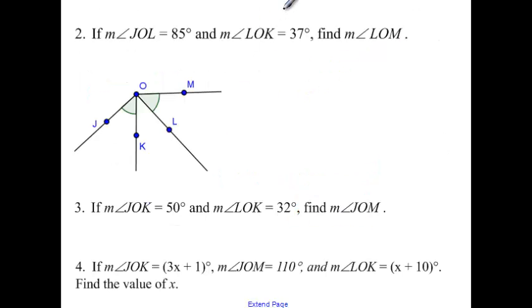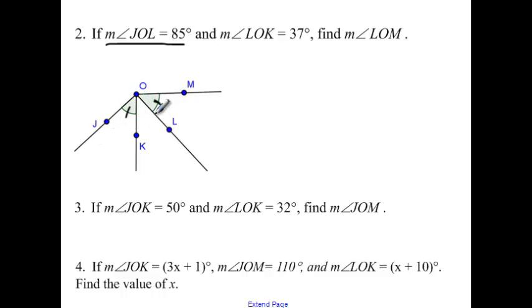All right, so in example 2, we see a diagram with several rays coming out from the same vertex. And there are some markings that tell us that these two angles, angle JOK and angle MOL, are congruent. In fact, let's just tick mark that to show that we've noticed that. Those two angles are congruent. They match. In the description, it says that angle JOL is 85 degrees.